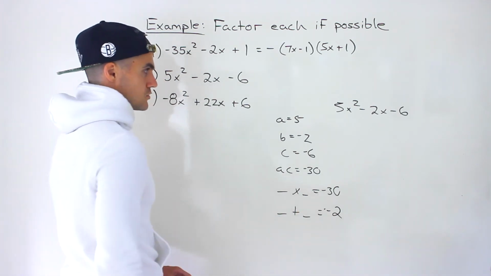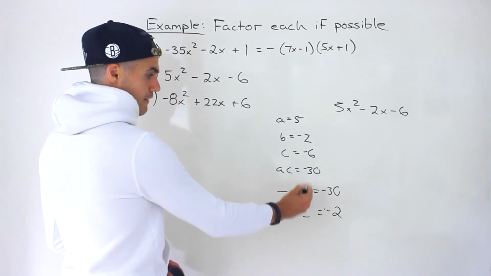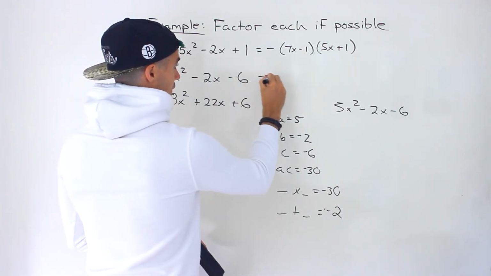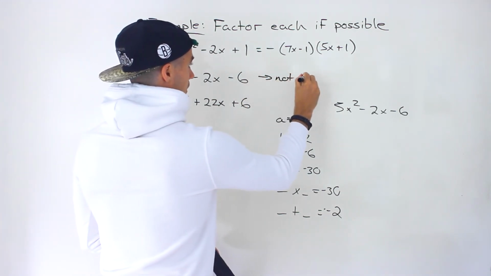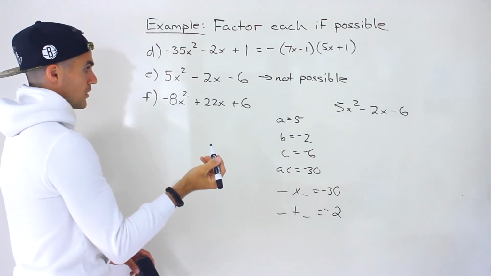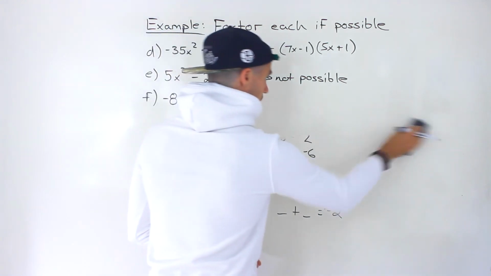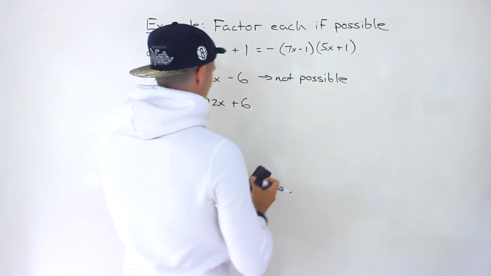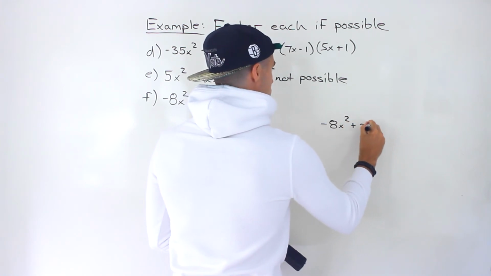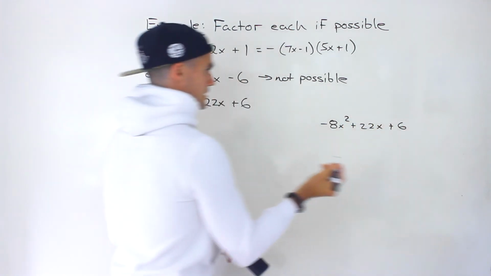But negative 2, unfortunately, doesn't work. So if you can't find two numbers at this step, it means that factoring is not possible for part E.